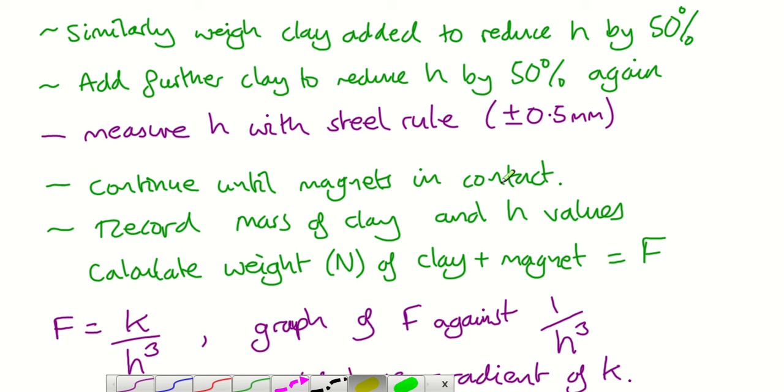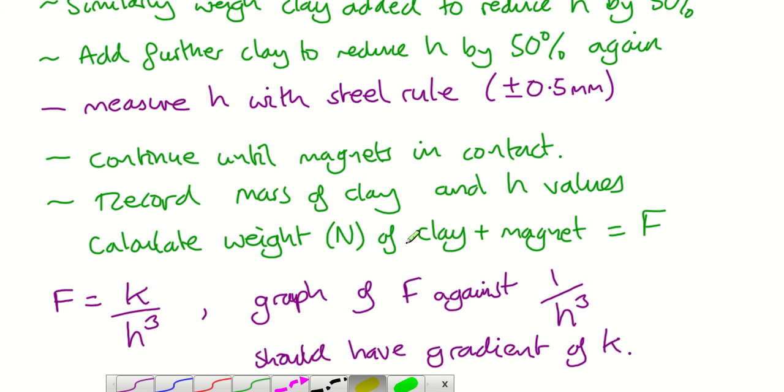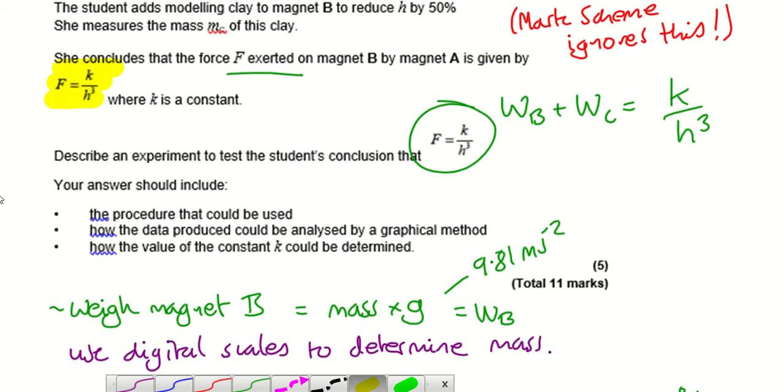You may not be able to put enough mass on, but record the mass of clay and the h values, calculate the weight in newtons of the clay and the magnet, so you're going to multiply by mg. And then if you plot a graph of F against 1 over h to the third, they've asked you to work out your gradient.